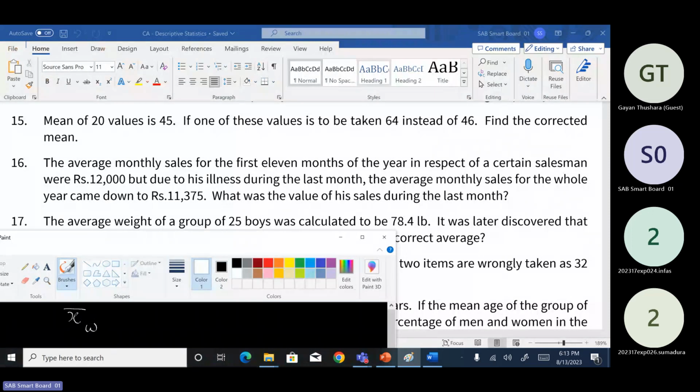I'm using W to say wrong value: X bar W. What is it? 45. 20 values, so N is 20. Then one of these values is to be taken as 64 instead of 46.